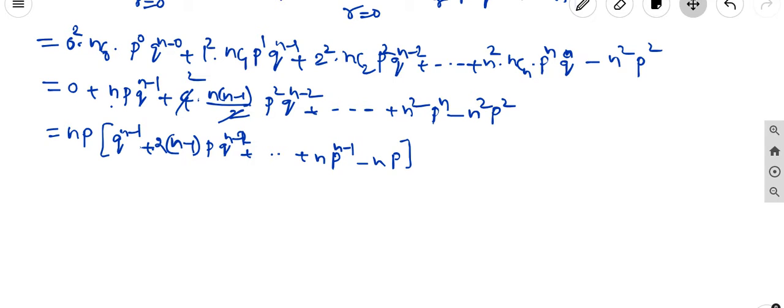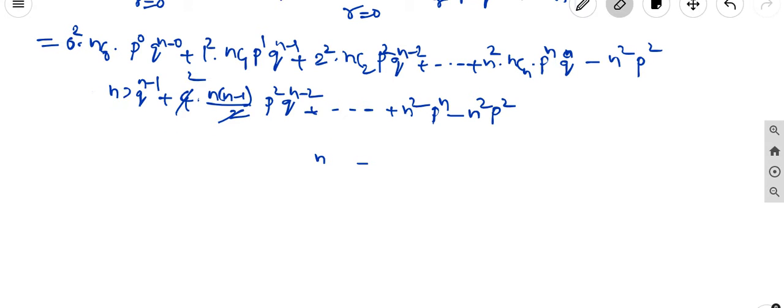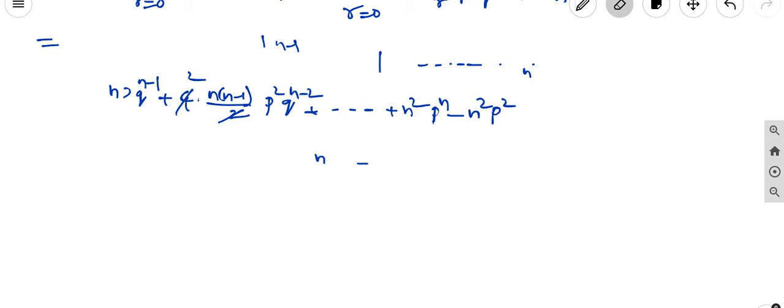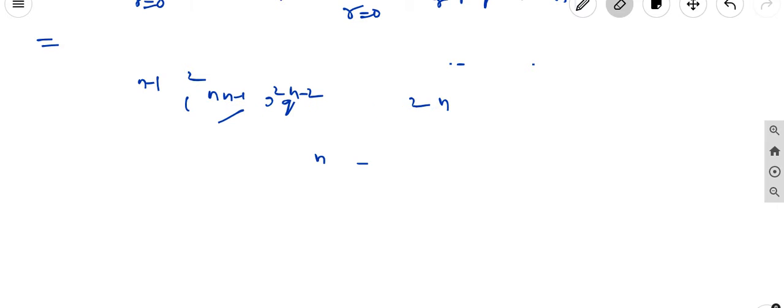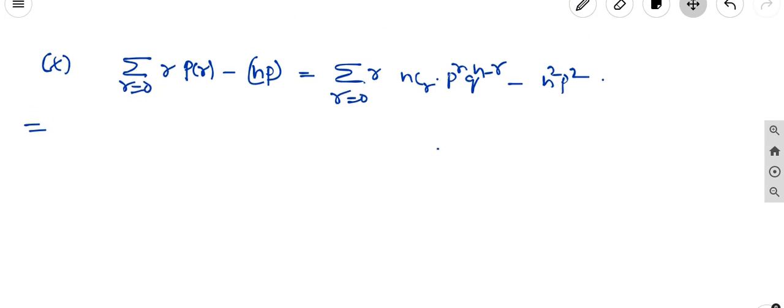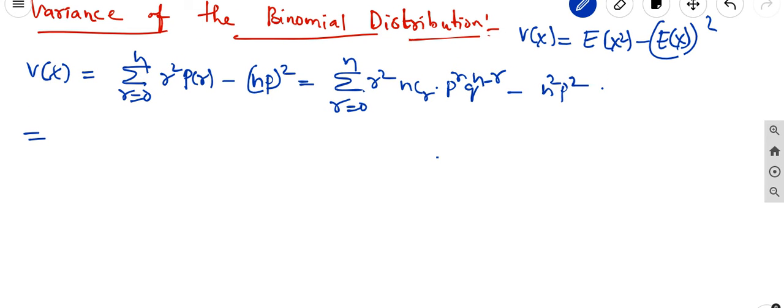Okay, here we are getting the relation, so we are adding and subtracting with r, and by using the binomial theorem we get the relation.